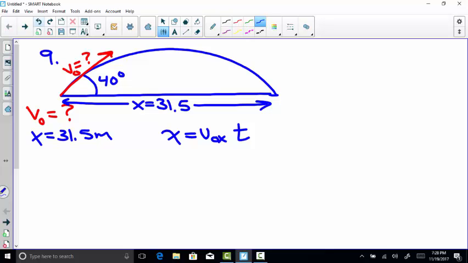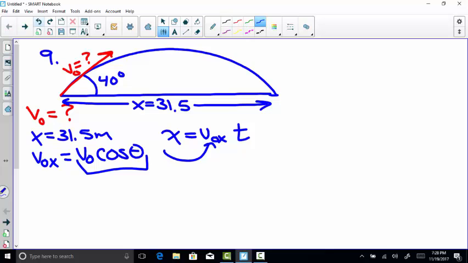We're going to have to do something new here that we haven't done before, and that is look at the equation for v initial x, which is v initial times the cosine of theta. We're going to put this in for that. So x is going to equal v initial times the cosine of theta times time.